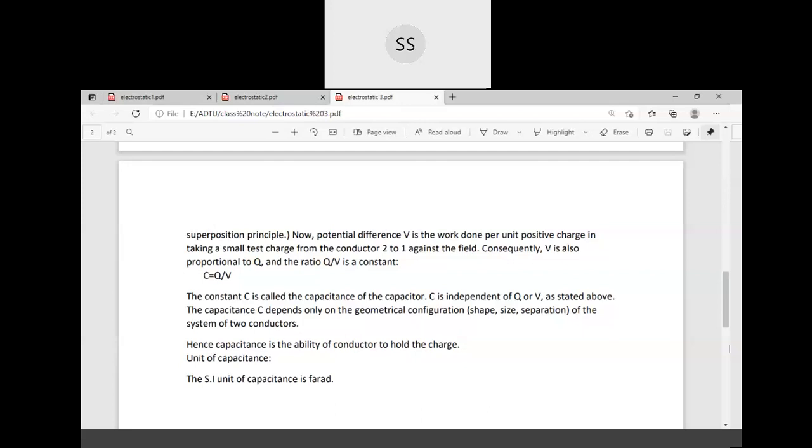Since Q is directly proportional to V, and to remove that proportionality sign we put the constant C, Q equals CV and therefore C equals Q by V.